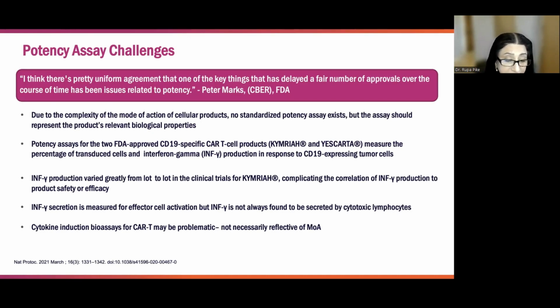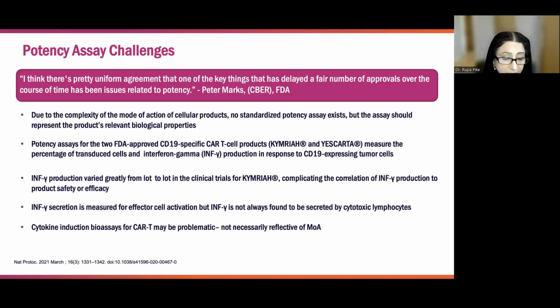The studies have shown that interferon gamma production varies greatly from lot to lot in clinical trials for Kymriah, complicating the correlation of interferon gamma production to product safety or efficacy. And then there are many papers that talk about the fact that interferon gamma secretion is measured for effector cell activation, but interferon gamma is not always found to be secreted by cytotoxic lymphocytes.